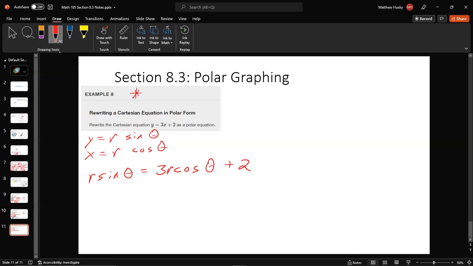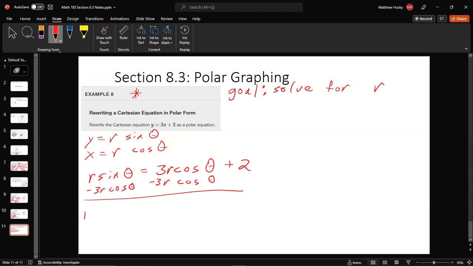Now, our goal is to solve for r, because when you have polar equations, it's always going to be r equals something in terms of theta. So what you would need to do if you're going to solve for r is all the parts of the equation with r need to be together on the same side. So this is r sine theta minus 3r cosine theta. That all equals 2.